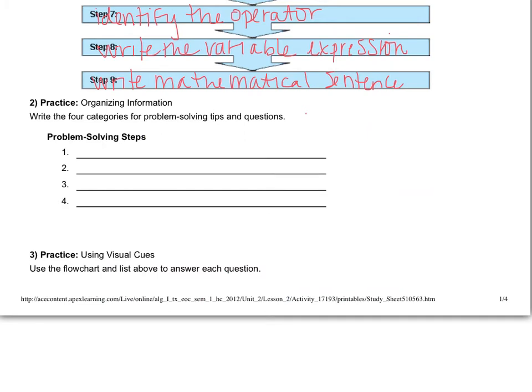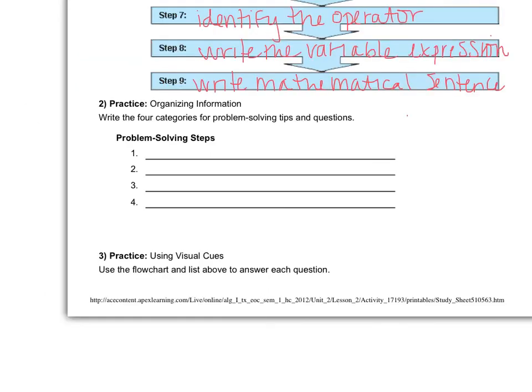So these 4 steps, I'm going to equate them to baking a cake. As weird as that sounds, I promise it will make sense. So our first step is to understand the problem. This would be similar to reading the recipe.